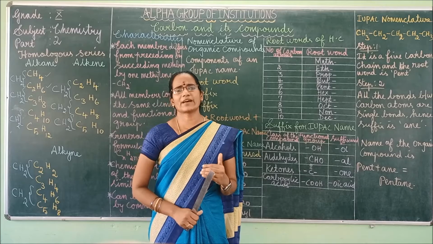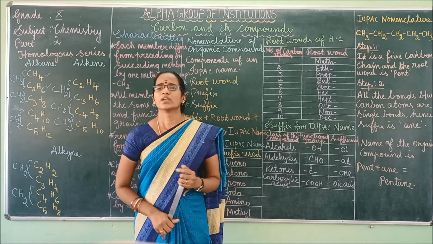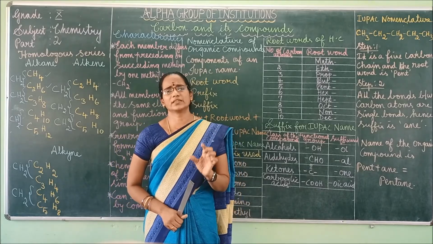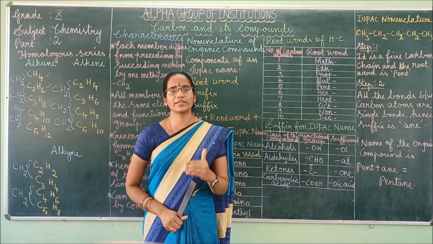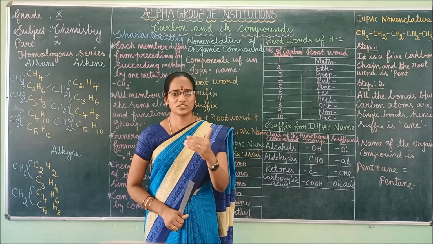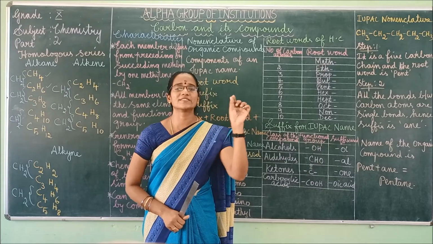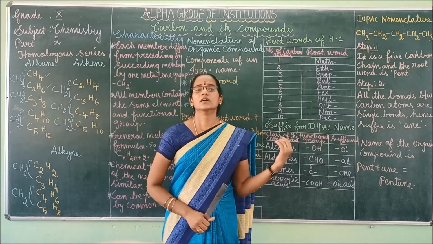So next, what we have to do? Already told you, we have to give the number. Next one, identify the double bond as well as triple bond. Identify the double bond or triple bond, and also identify whether the given bond is single, then we have to use ane.